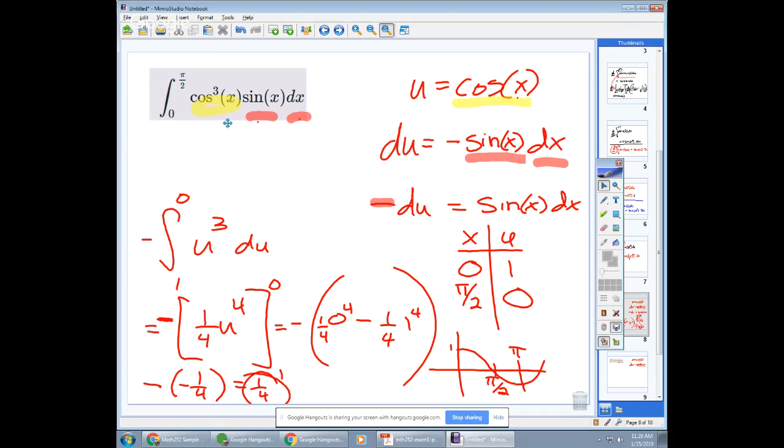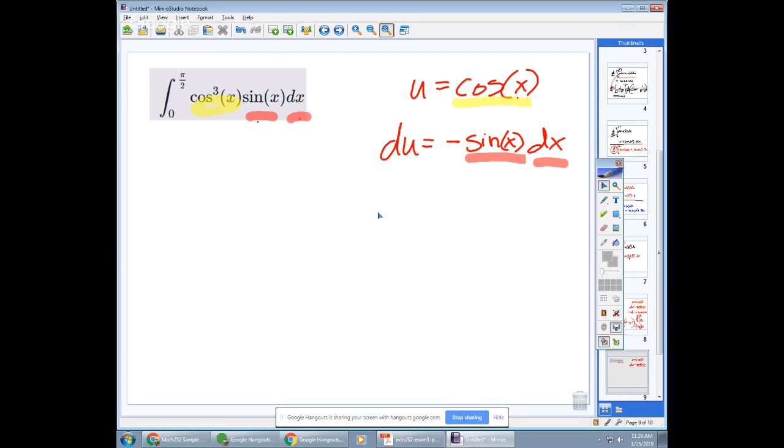And then at the top I had pi over 2. Pi over 2 has to be replaced with u equals 0. So since the pi over 2 is the top, 0 is going to go at the top. So if the jumping around boundaries bugs you, then here's your alternative. Once you've done that, you don't have to plug x back in. You don't have to plug x back in if you switch boundaries. That's the benefit. If you don't like that, then your alternative is to rewrite this as, like I did before, the opposite of u cubed du.